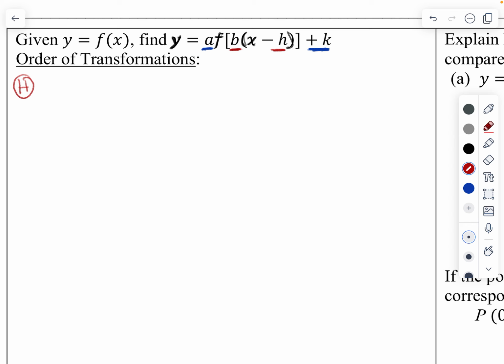Okay, so horizontal actions, and I just use an H with a circle to indicate that this is a horizontal action. Our horizontal effects are going to move the x component of your ordered pair. So if I have some ordered pair x comma y, b and h are going to affect the x component.